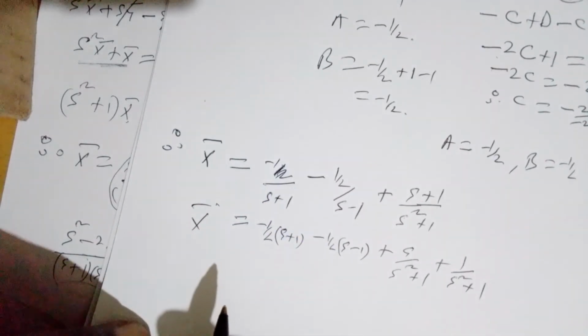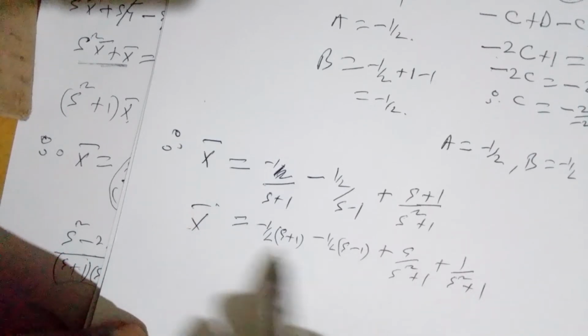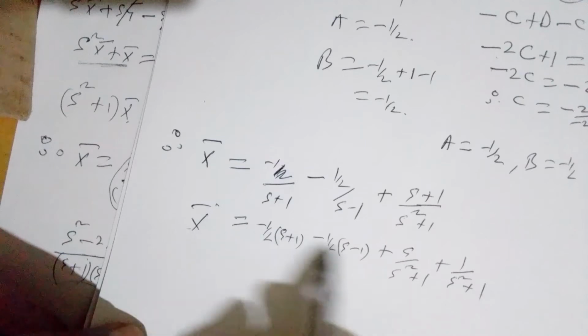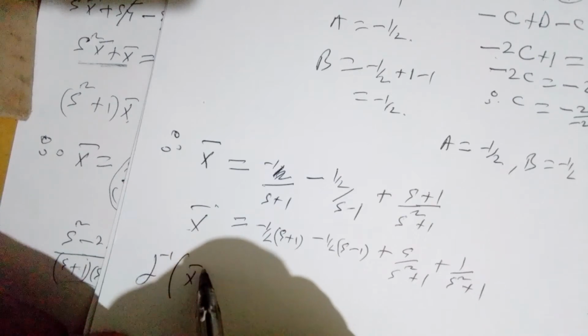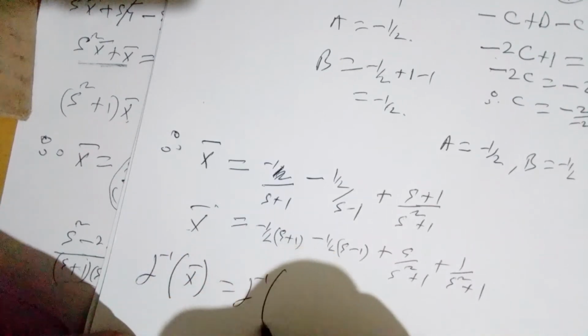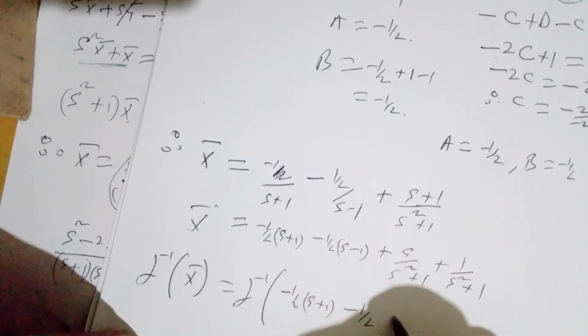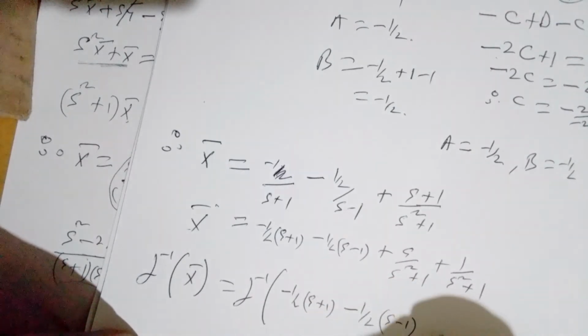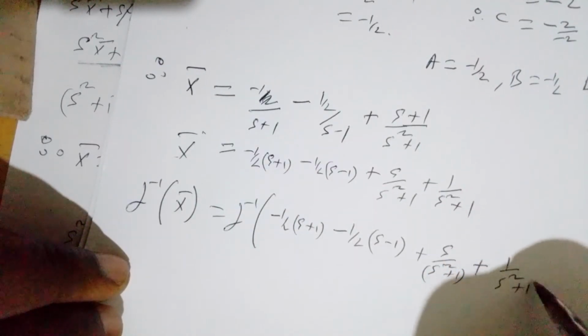This is x bar. Now to get the value of x, we take the Laplace inverse on both sides of this equation. So the Laplace inverse of x bar will be equal to the Laplace inverse of negative a half over s plus 1, minus a half over s minus 1, plus s over s squared plus 1, plus 1 over s squared plus 1.